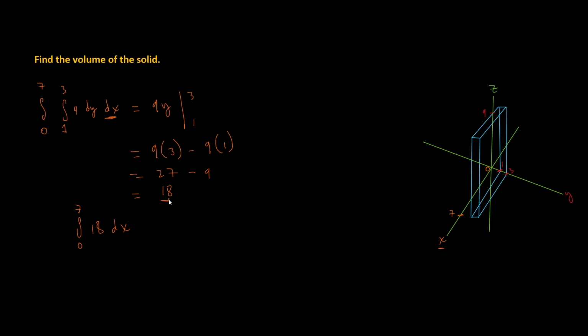And this guy, we just put it right there, okay? All right, so the integral for 18 is 18x. Our boundaries, let's compute them, find the difference. All right, 18 times 7 is 126.